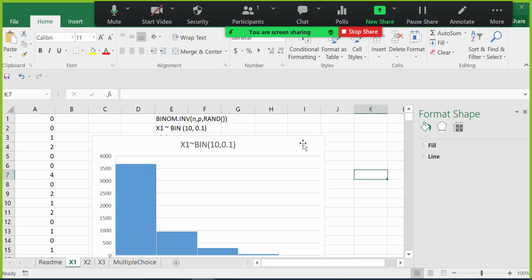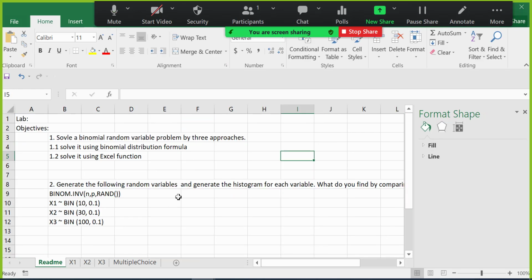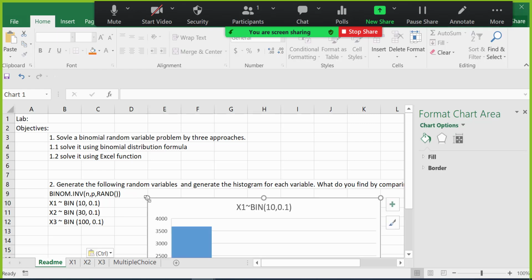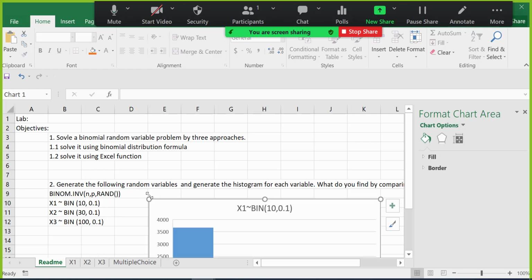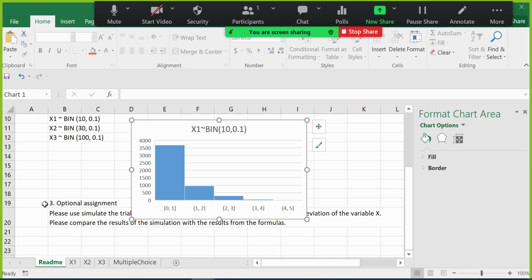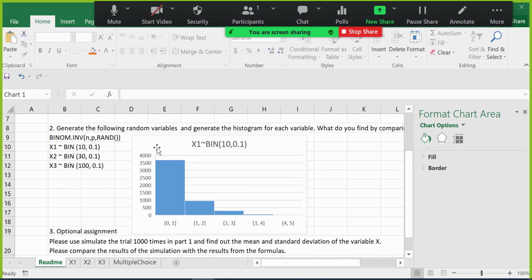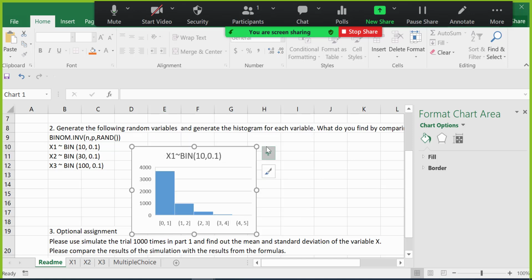And then we copy and paste on the first sheet, the first page. For this, you can either just copy paste or paste as an image. Both are fine. You can put it here.